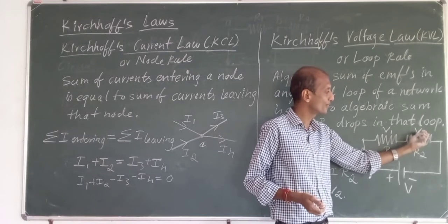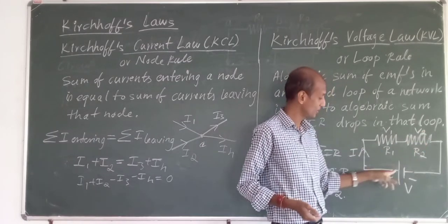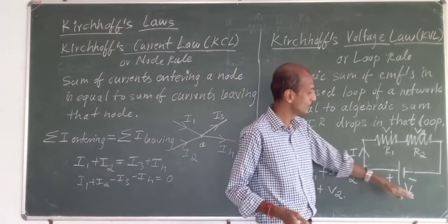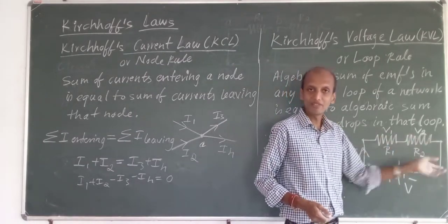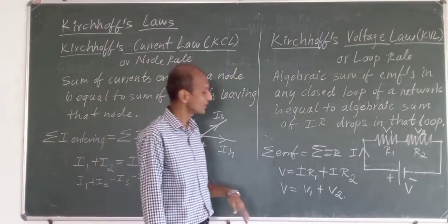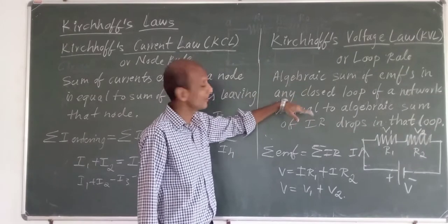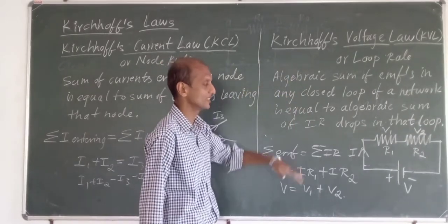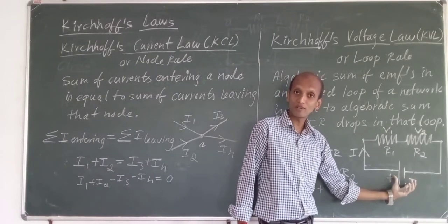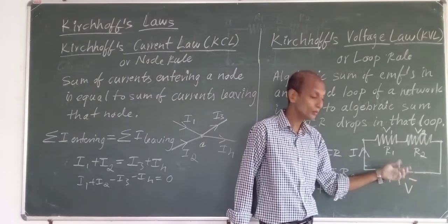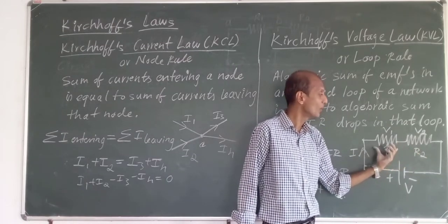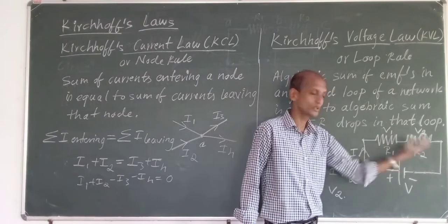The voltage drop V2 is equal to I into R2, because the same current flows. Only the voltage divides. Voltage V divides into V1 and V2, as we know by the voltage divider rule. Correct or not? Yes. So Kirchhoff's voltage law says that the applied voltage, or the algebraic sum of the EMFs applied in a closed loop, is equal to the algebraic sum of voltage drops or IR drops.